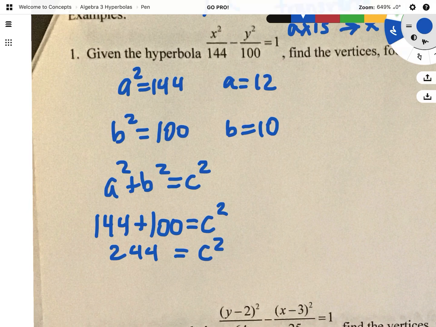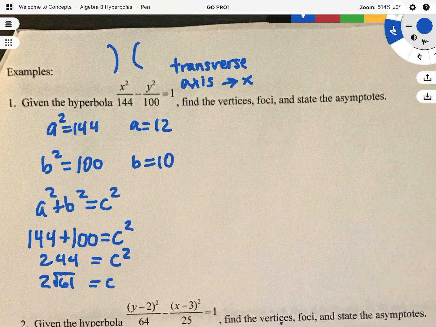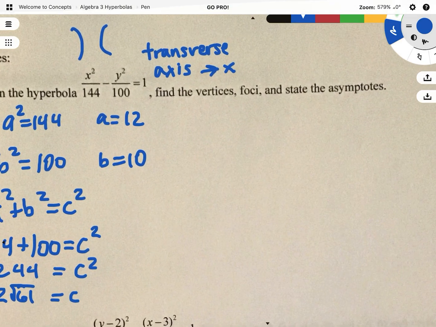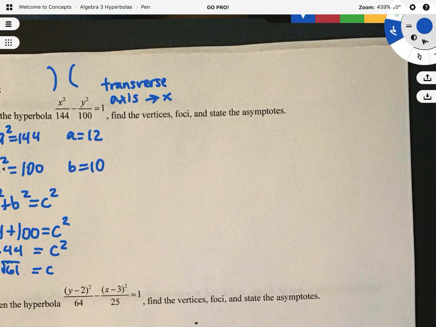And then we need to take the square root of that, which simplifies to 2 root 61. I'll let you guys try and figure that one out on your own. You can break it up into its prime factorizations, or you can look at the biggest perfect square that goes into it, which is 4. Okay, so now we have c, we have a, we have b. We have everything we need.